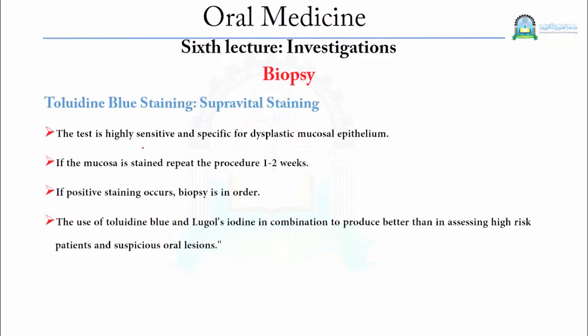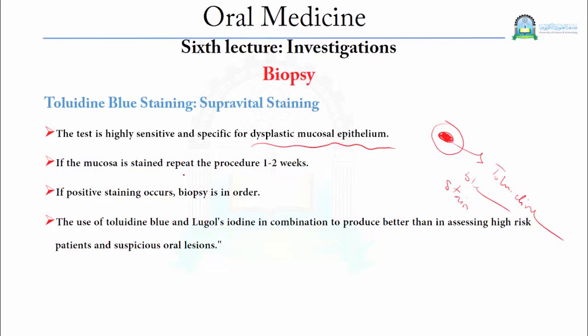The test is highly sensitive and specific for dysplastic mucosal epithelium, so this epithelium contains hyperchromatism, so the DNA or the nucleus will retain the toluidine blue stain, so it will help you in the localization of the tissue that should be removed.